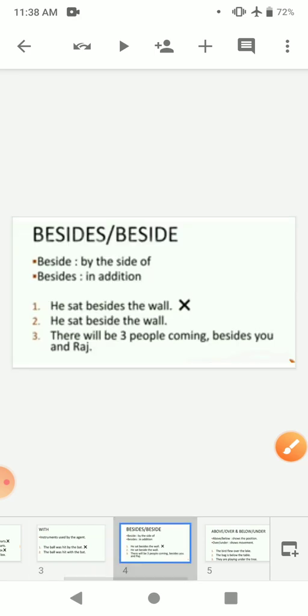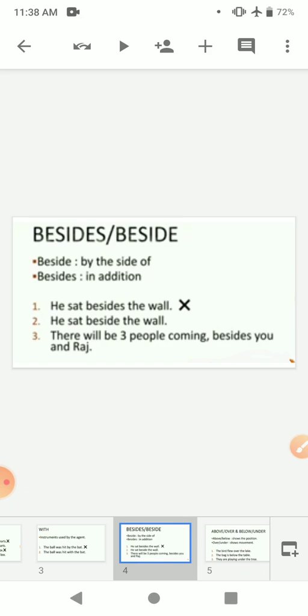Now coming to besides and beside. We often get confused if any fill in the blanks is given with these two options and we are supposed to use either besides or beside. Beside means by the side of.